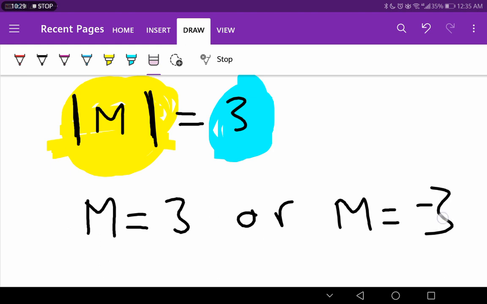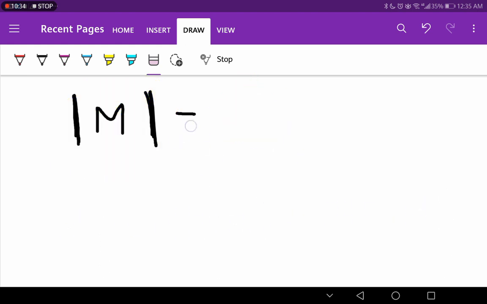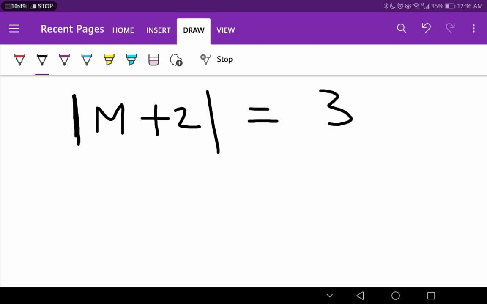Me too. Now let us extend this question, and I will make |m + 2| equal 3, for example. How can I solve it? The first question you have to ask is whether there is anything around the bars, outside, here or here.